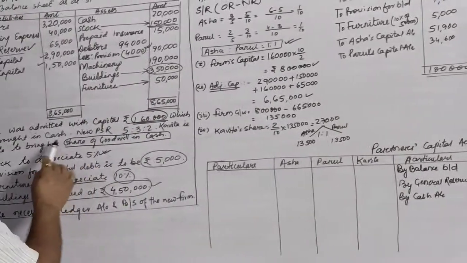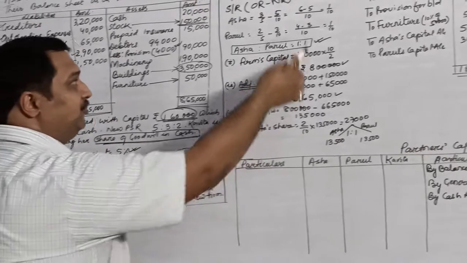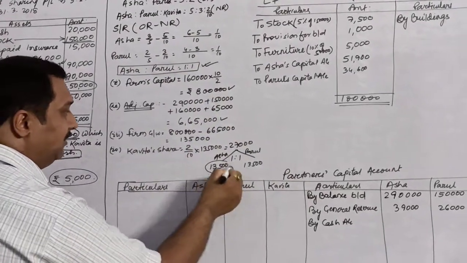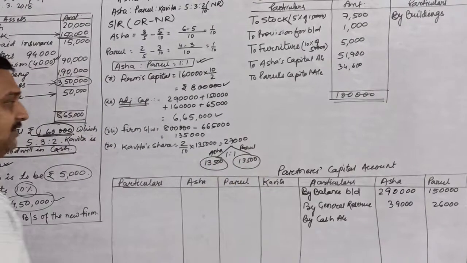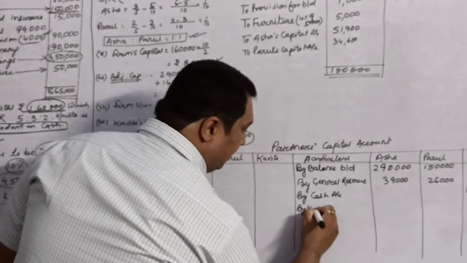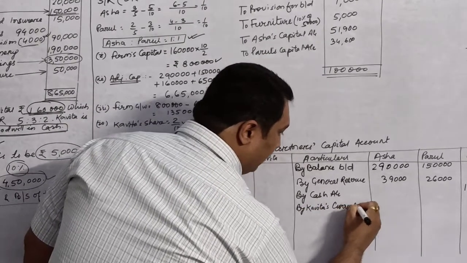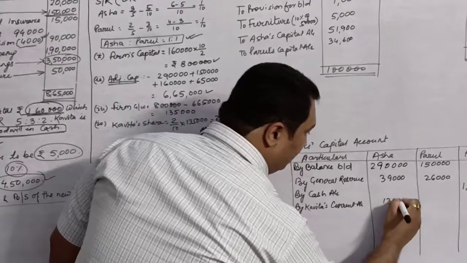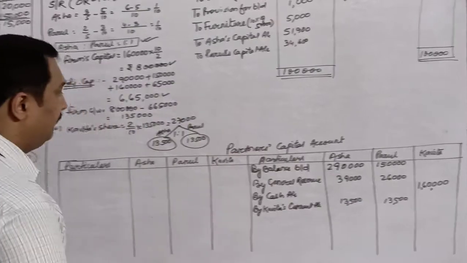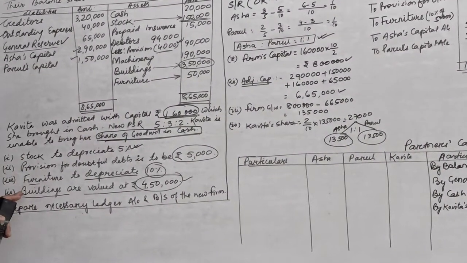After this, it says that she is unable to bring her share of goodwill in cash, for which we have done this working, and we saw the sacrificing partners' share. The question has clearly said that Kavita did not bring her share of goodwill in cash. So I will write by Kavita's current account, and the share of these two will be 13,500 each. Now, after this, the next items are of the revaluation.